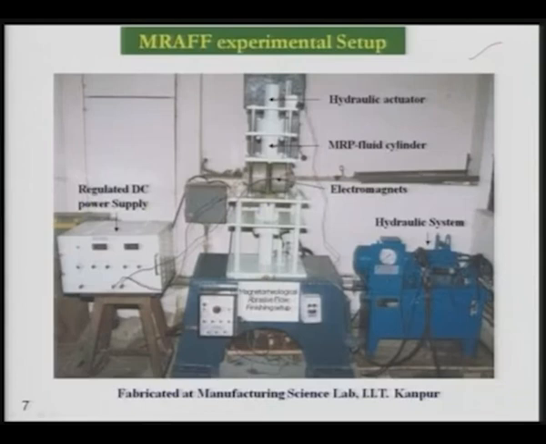And then this is the bottom medium cylinder, and here is the bottom hydraulic cylinder, and this is the hydraulic unit, and this is the regulated DC power supply which is used for this. And here you can see the panel or the board through which you can control various parameters of the system.